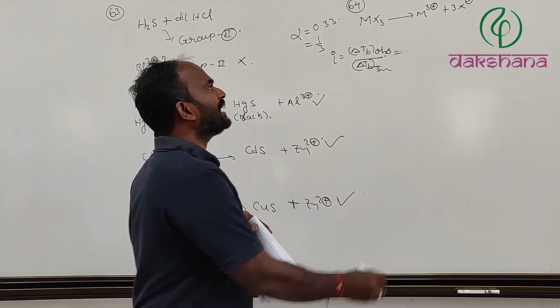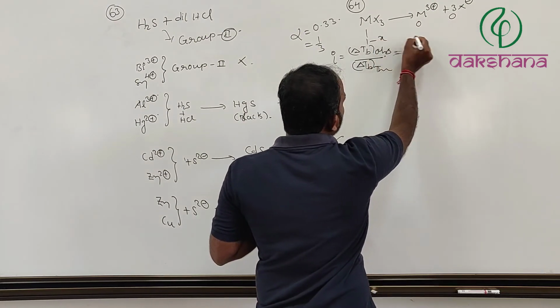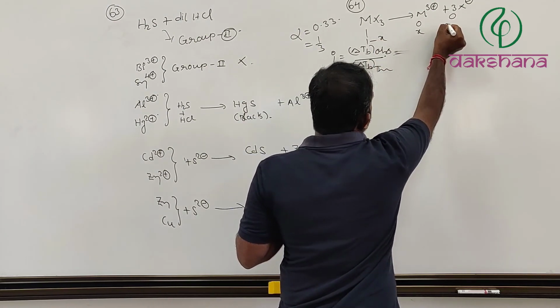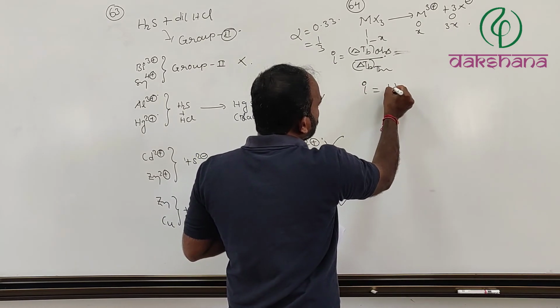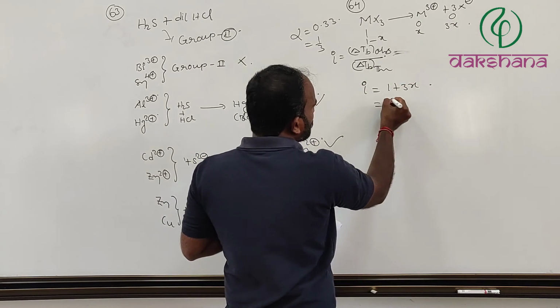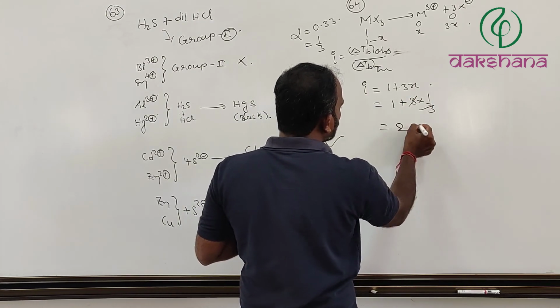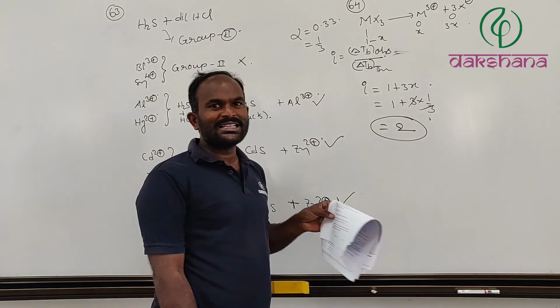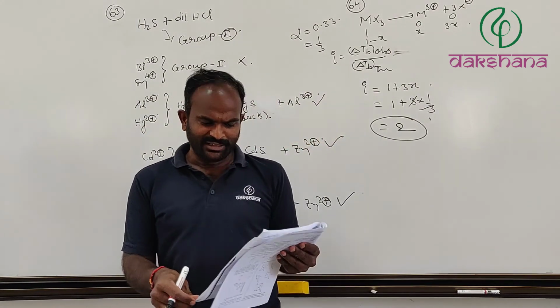So we have to calculate the i value. Initially 1, 0, 0, then 1 minus x, this is x and it is going to be 3x. Therefore i is equals to 1 plus 3x, which implies 1 plus 3 into 1 divided by 3, that is equals to 2. So therefore i is equals to 2. That is the Van't Hoff factor i.